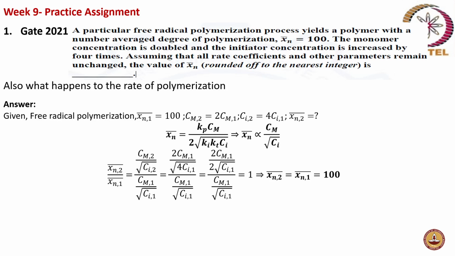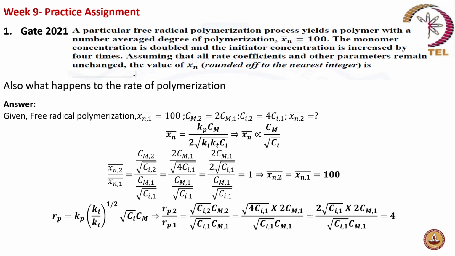Now the next part of the question is, what happens to the rate of polymerization? Now the relationship for the rate of polymerization is equal to Kp into Ki by Kt whole power half into square root of Ci into Cm. Okay. Now again you have the relationship. So you can again take the ratio of the second condition to the first condition.